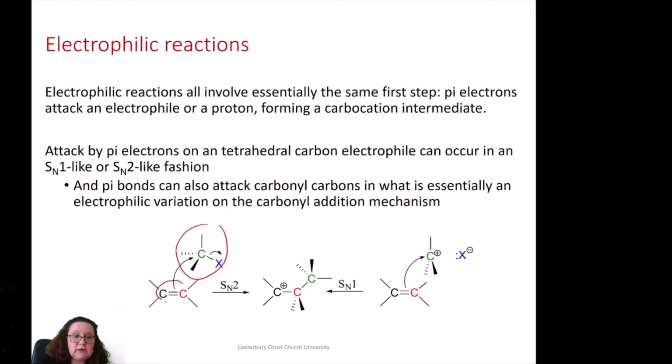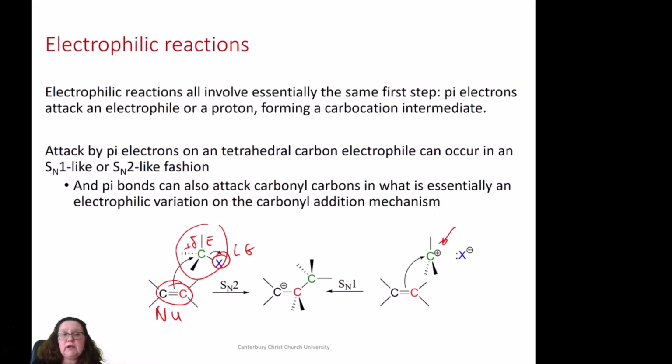You have the carbon that has the partial positive charge acting as the electrophile, and you have the leaving group. And they can work in an SN1 or SN2 fashion, depending on whether they go by a mechanism in which the leaving group and the nucleophile simultaneously leave and enter the molecule, or they can go by a carbocation, an SN1 mechanism.